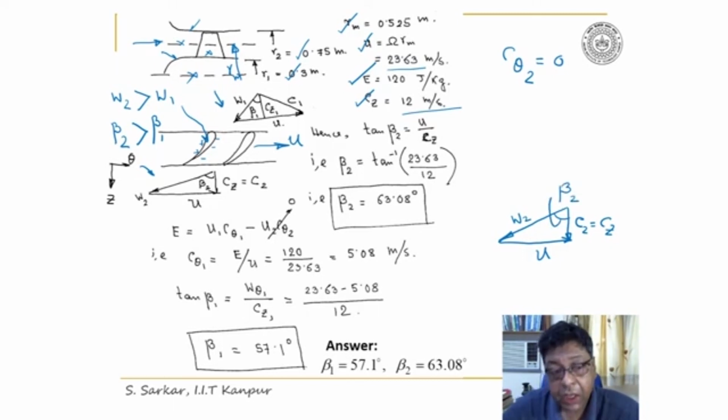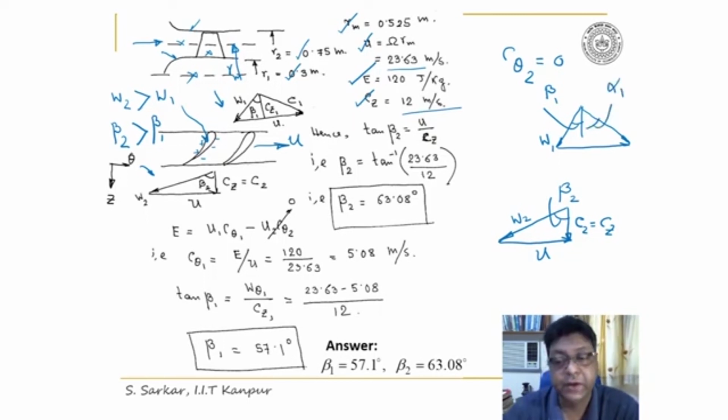Now beta 1 is less than beta 2, and W1 is also less than W2 here. So if I draw the velocity triangle at inlet, it will be like this. U remains the same. This is C1. Now this is beta 1. Look, now beta 1 is less than beta 2 for the turbine, and W1 is less than W2, and this is alpha 1.